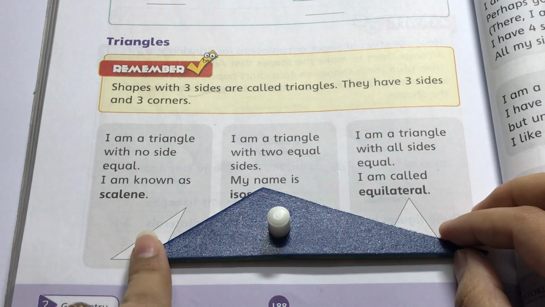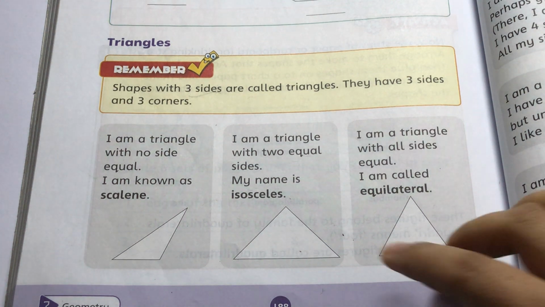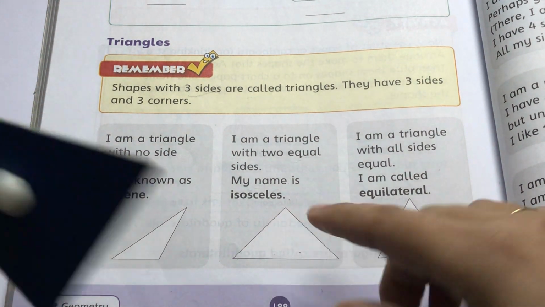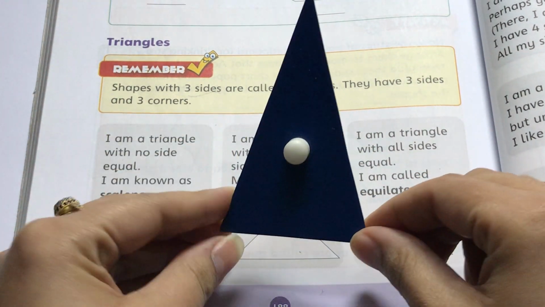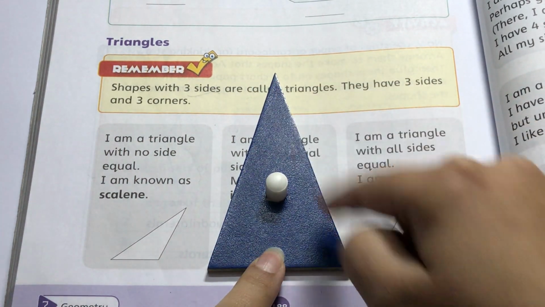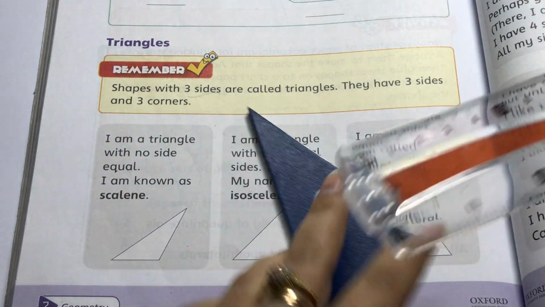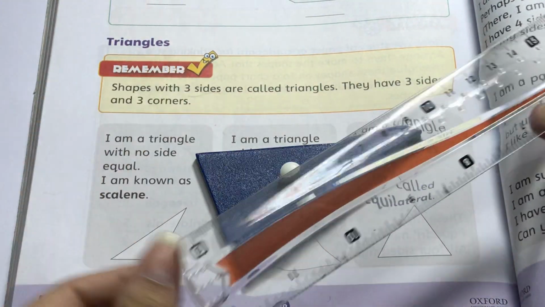Understood? Now, the second type of the triangle is known as an isosceles triangle. Why do we call this an isosceles triangle? As you can see, these two sides are equal in measurement. Now let's check it with the help of our ruler, right?